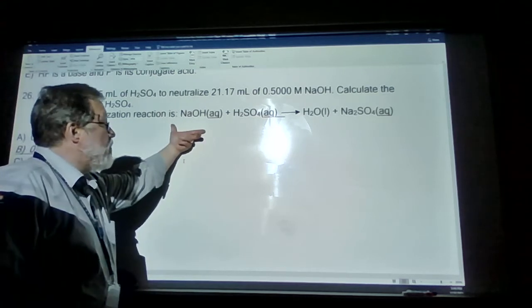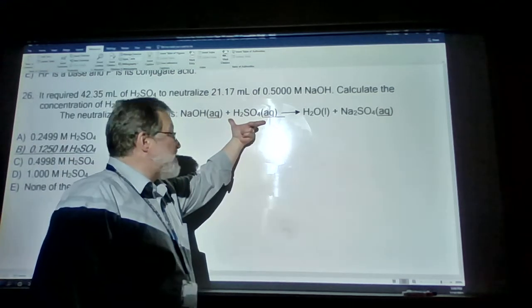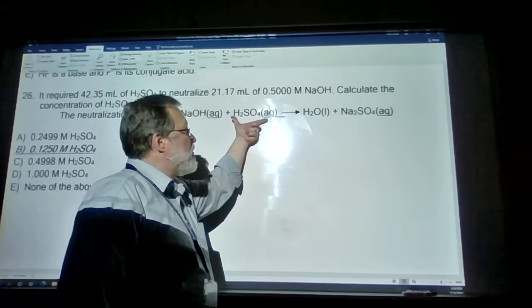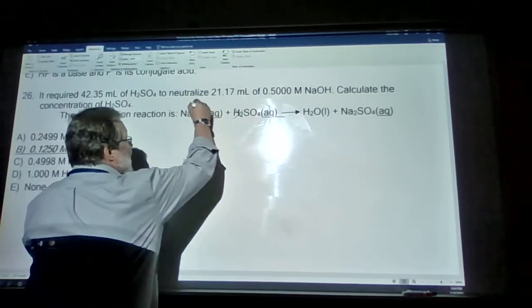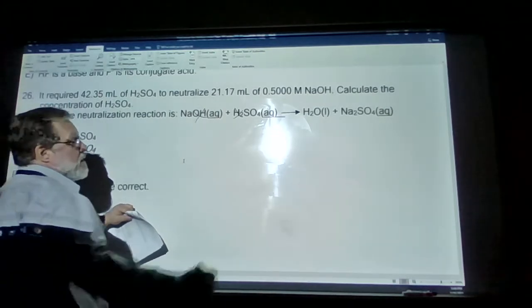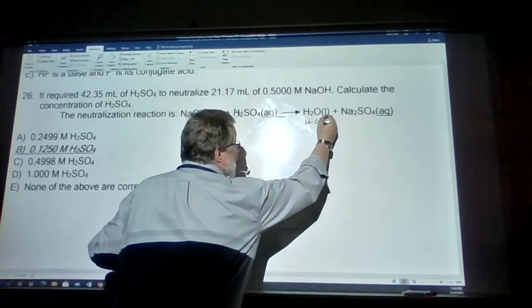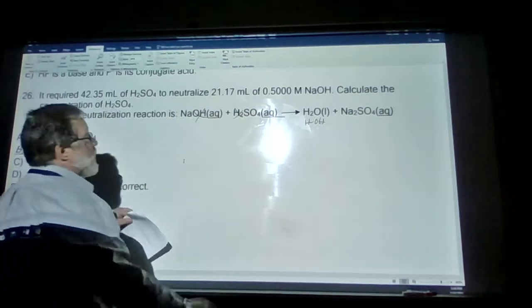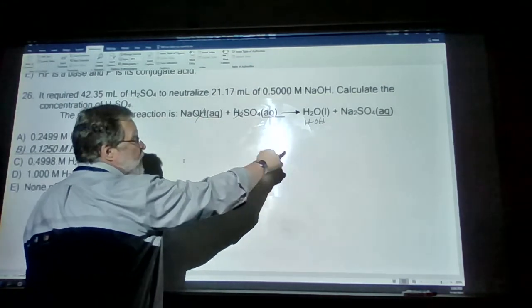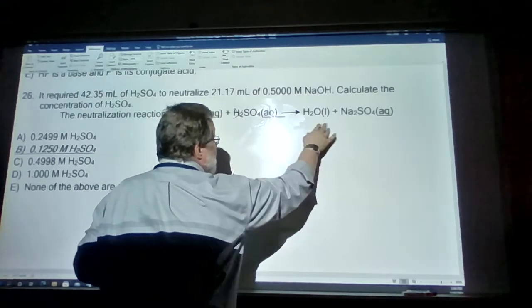Sodium hydroxide, base, reacts with the acid H2SO4, produces water, H and OH. H2O is H and OH. There's H, there's OH. What's left over? Sodium sulfate, Na2SO4.